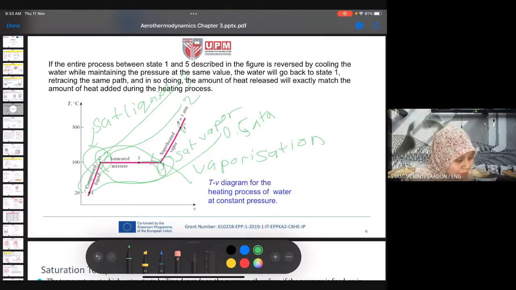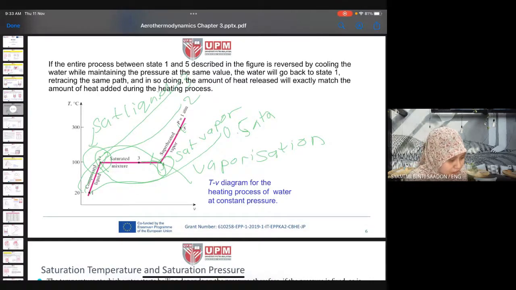If the process is reversed, condensation, by cooling the water and lowering the temperature, the process returns from vapor back to liquid. This is an example of a vaporization process at constant pressure.